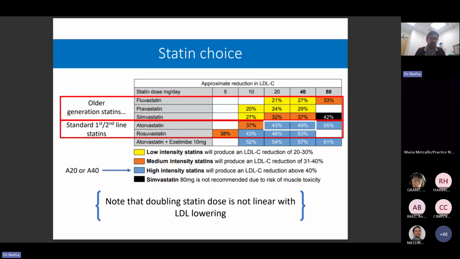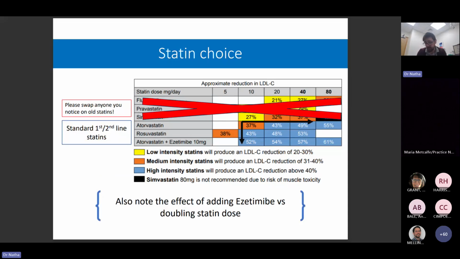If you have people in the community who you notice, either on medication reviews or on annual CVD reviews, on any of those three statins, fluva, prava, or simva, please do change them onto at least atorvastatin at an equivalent dose. Because even at near enough the lowest dose, atorvastatin is regarded as a medium intensity statin.